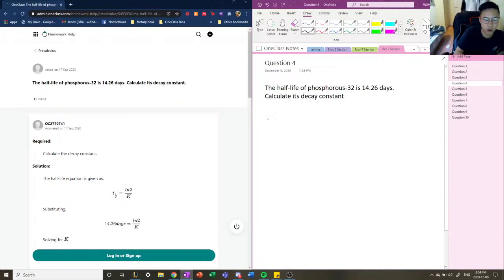For example, if we had substance A, and we weighed it out and we know it's 100%, the half-life is the measure of time it takes to have this substance decay to 50% of itself. So this is what a half-life is.